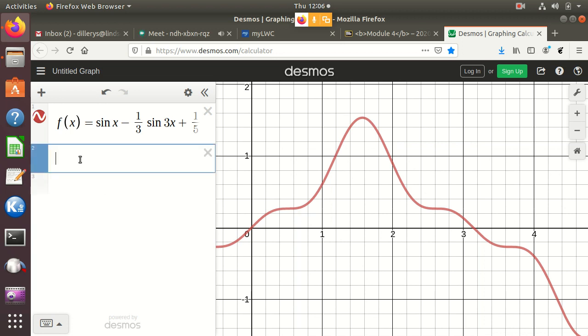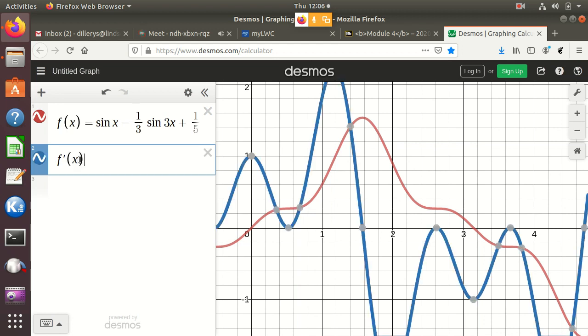Well, quick way to check. I set it equal to 0 simply by looking at the graph. So I'll look at the graph of f prime of x and ask where f prime of x is 0. And, well, it's 0 right there, 0 right there, and 0 right there.